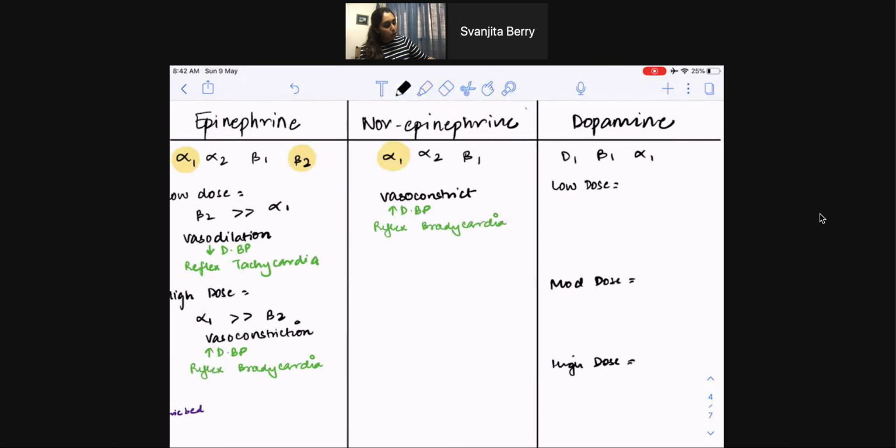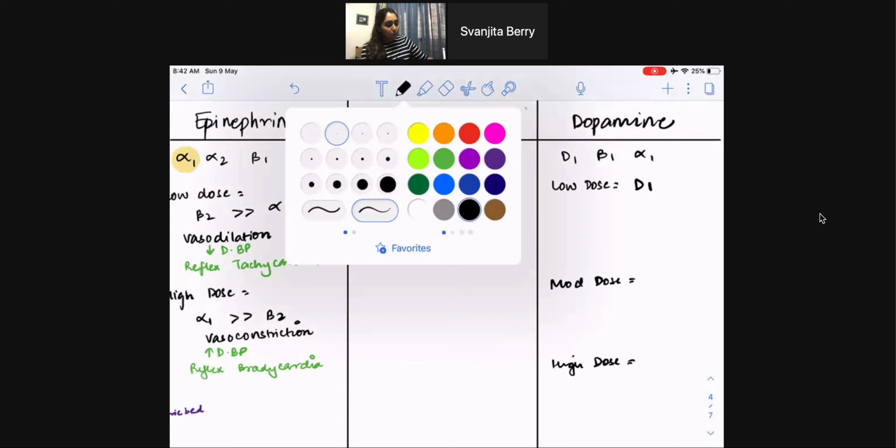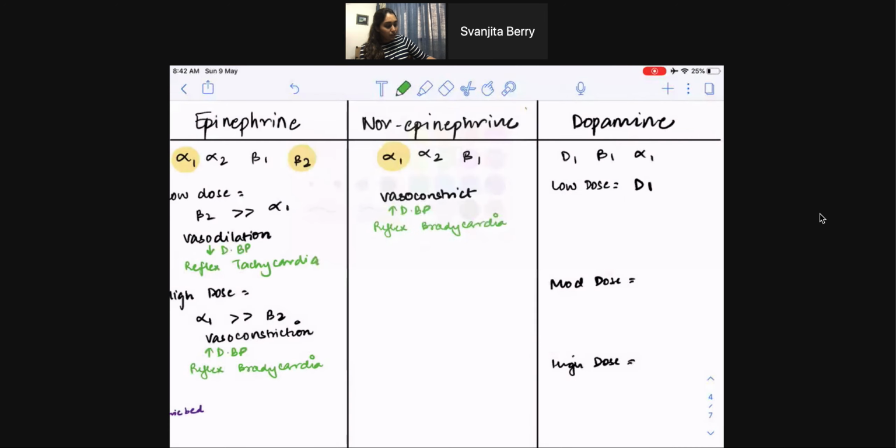At low dose dopamine, the receptor that's activated is D1. If you remember, D1 does vasodilation of the renal mesenteric bed. This can eventually help you increase urine output by increasing GFR.